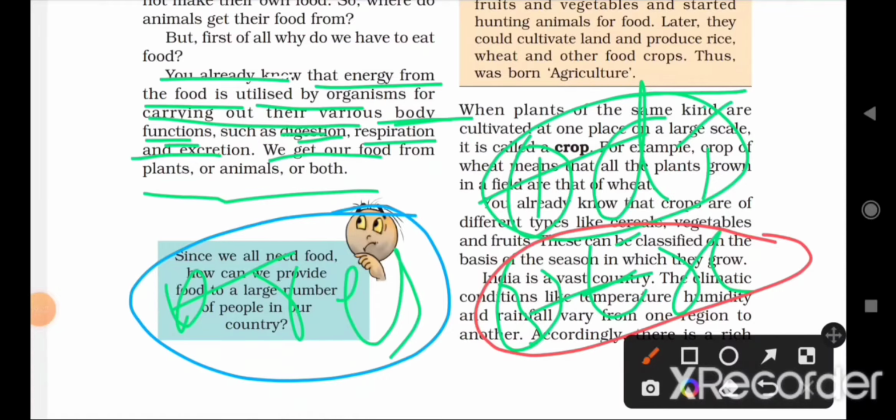Unwanted substances being removed from the body is called excretion. These three processes are very important to any living organism.